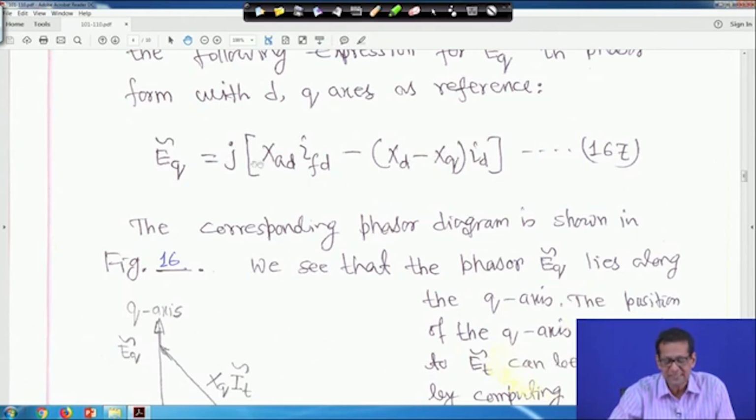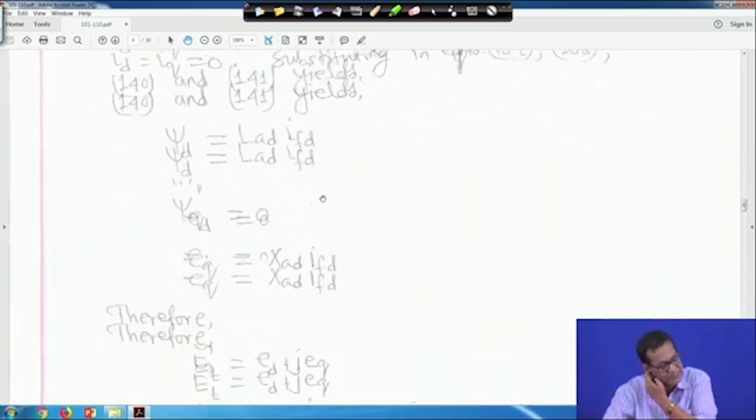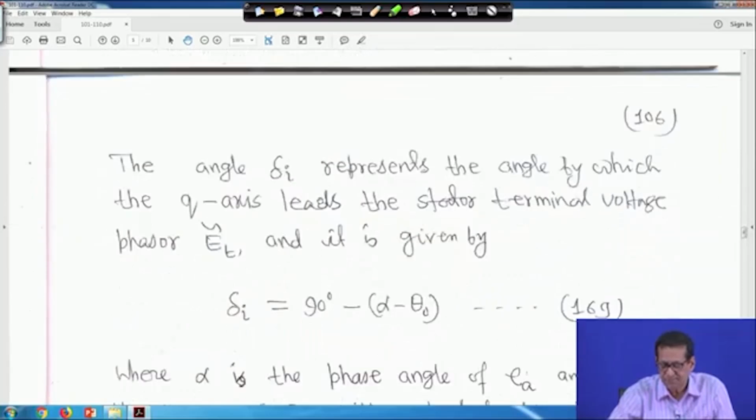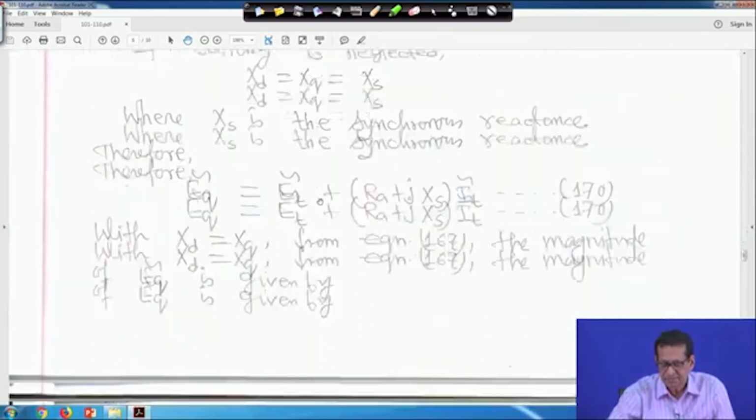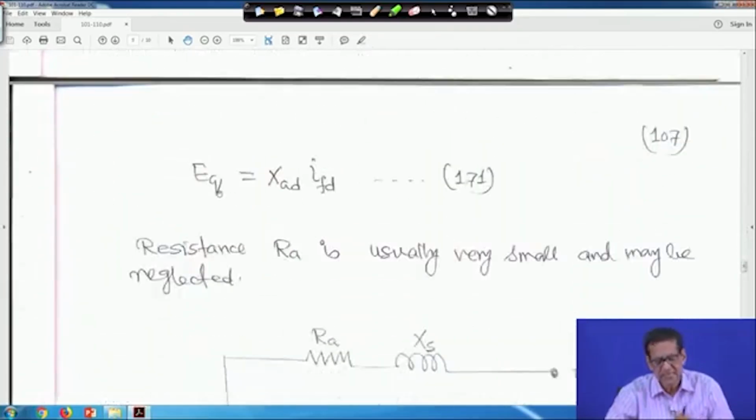It will be only j X_AD I_FD, but if you take the magnitude, then E_Q is equal to X_AD into I_FD, only magnitude. So capital E_Q is equal to X_AD into I_FD. This is equation 171.